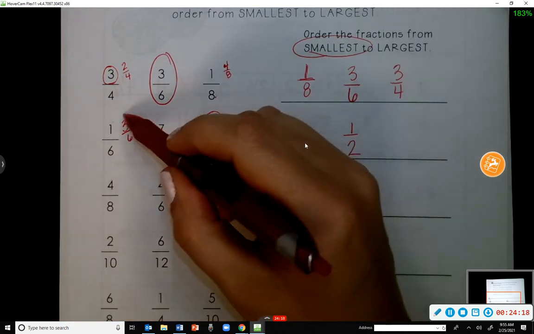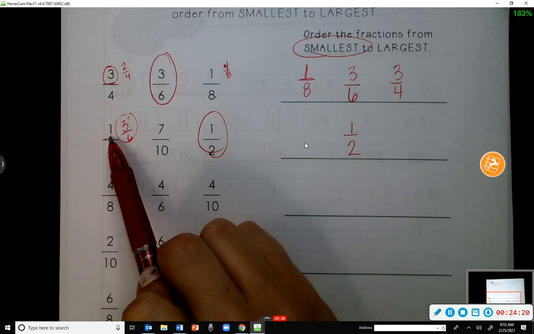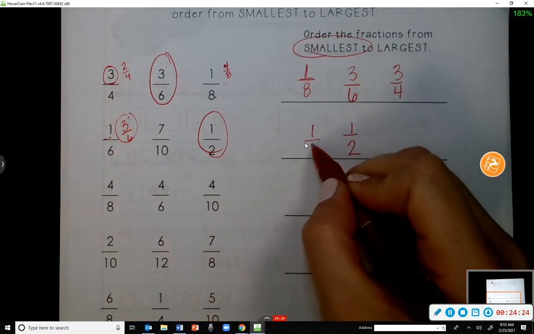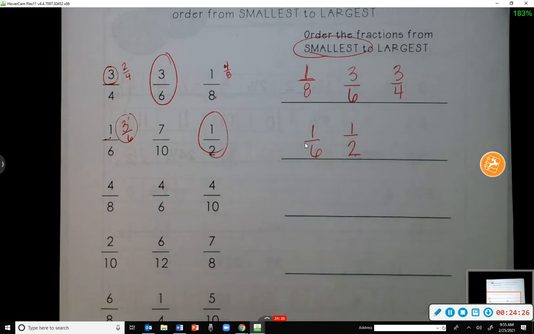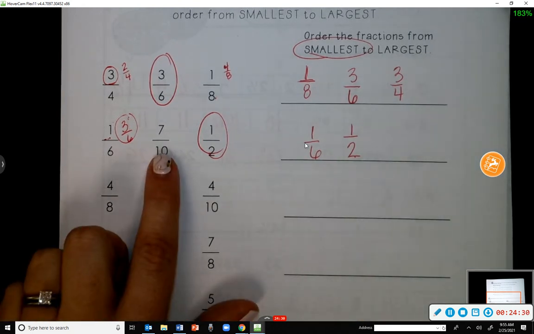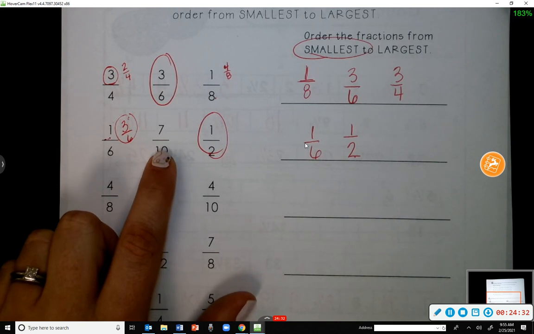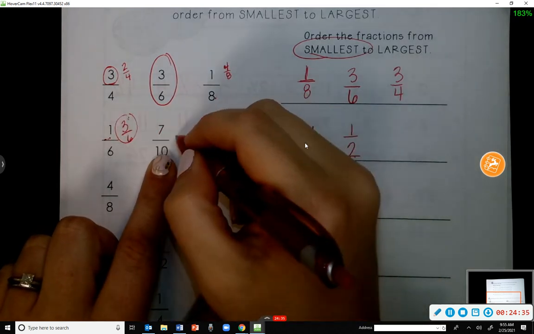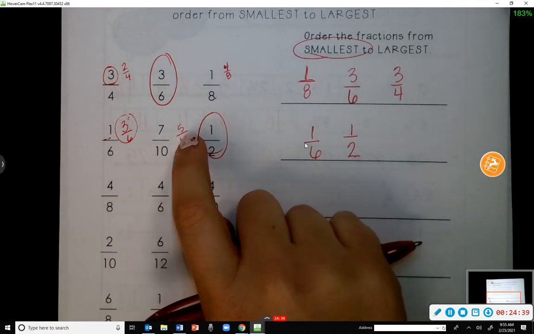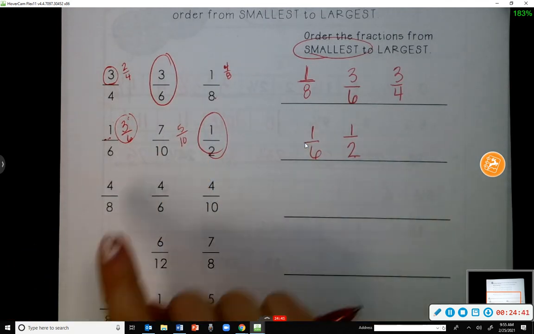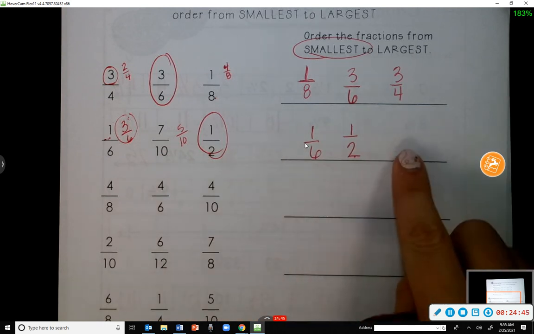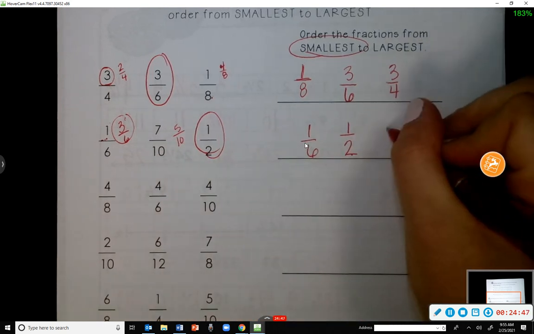Yes. Because this is 1/2, 1 is less than that. So this needs to go in the front, right? Because that would be smaller than 1/2. Okay? 7/10. Well, what would be half of 10? 5/10. So 7/10 has to be greater or less than that? It's greater than 1/2. So it can't go before the half and has to go after it.